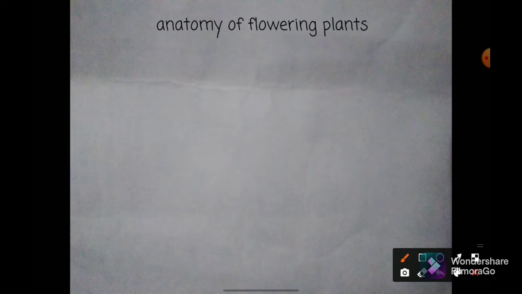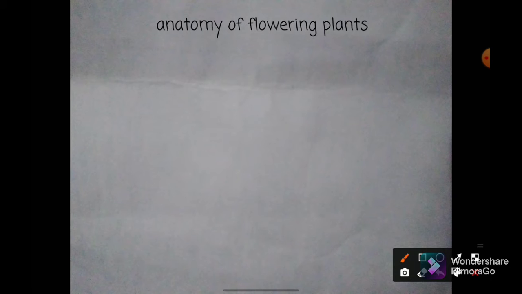Now in the plant kingdom there are many varieties of plants. We had a clear differentiation of the plant kingdom. It was divided into bryophytes, pteridophytes, gymnosperms, angiosperms, there were so many categories.